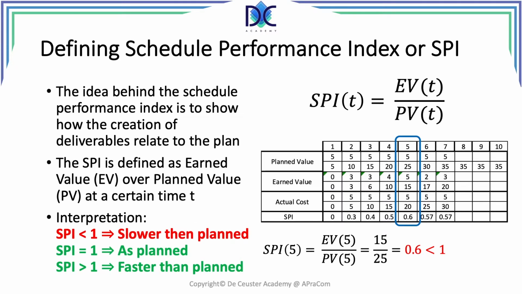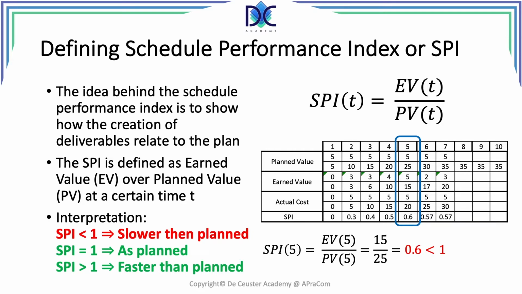Let's first have a look at the Schedule Performance Index or the SPI. We want to identify how the project is evolving, how we are creating deliverables relative to the plan, to the S-curve, and we define the SPI, the Schedule Performance Index, as earned value over planned value at a certain time t.